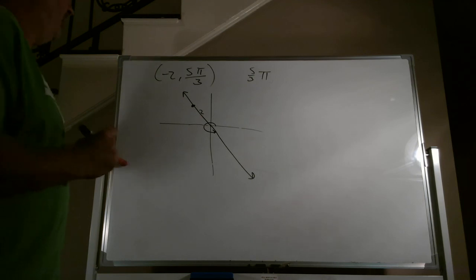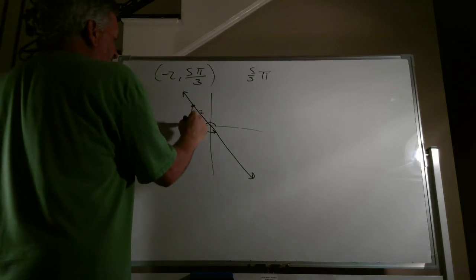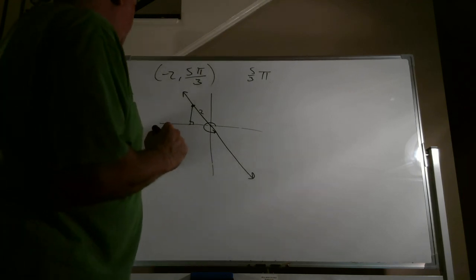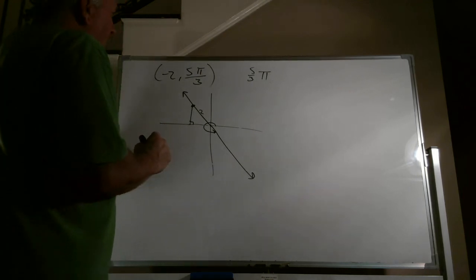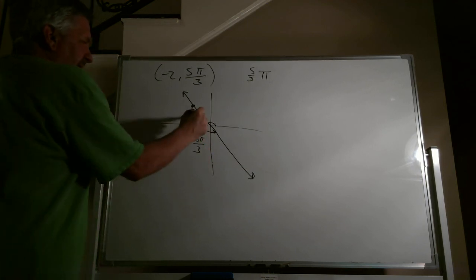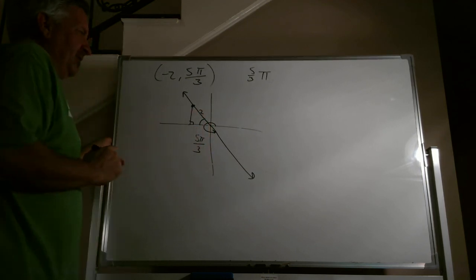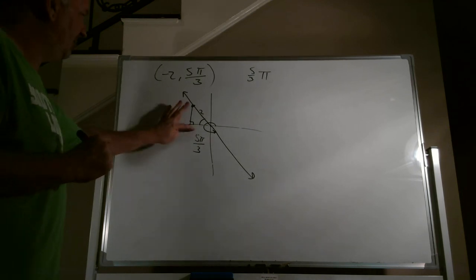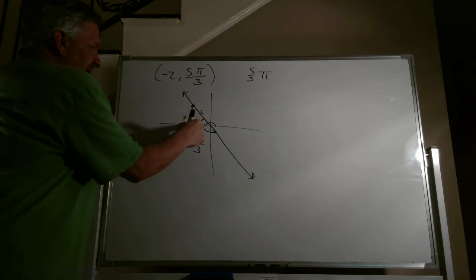Okay, so now if I draw my right triangle picture, let's figure out what's going on here. If this angle here is 5 pi over 3, I'm trying to find this angle here, the reference angle, to help me solve the triangle, to find x and y. I need x and y right here. So I need this angle right here.